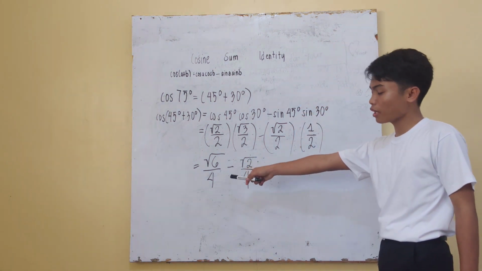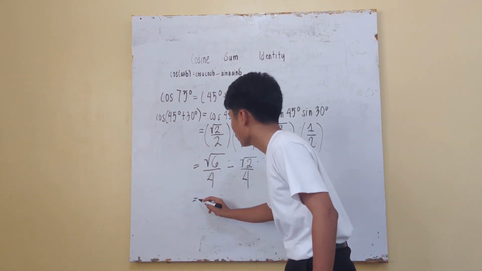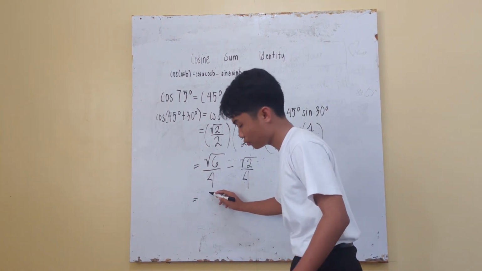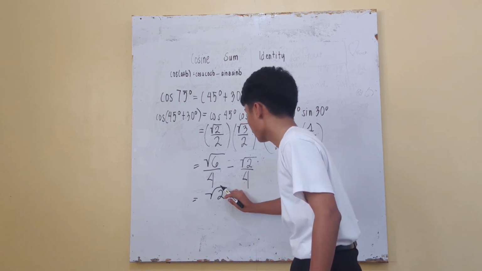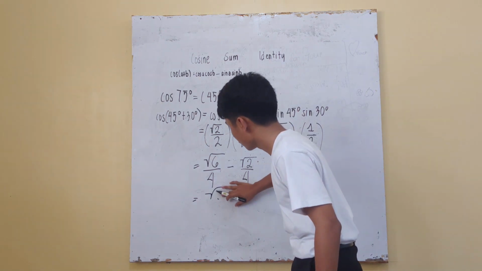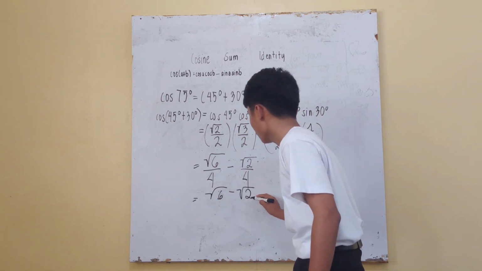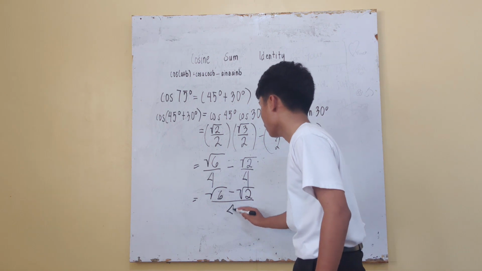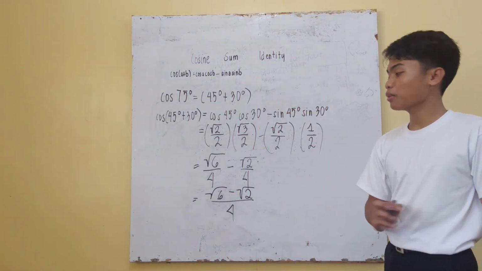Then we combine the terms, so we have square root of 6 minus square root of 2 over 4. So this is the exact value of cosine 75 degrees.